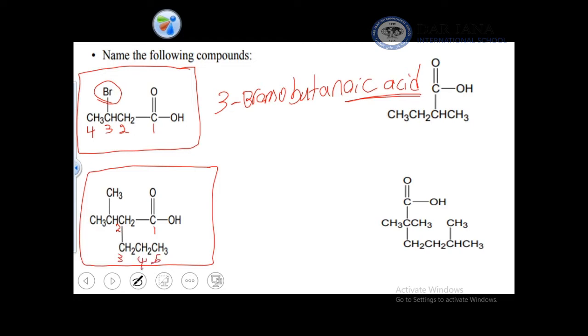On carbon number 2 there is an isopropyl. So the name of this carboxylic acid is 2-isopropylpentanoic acid.